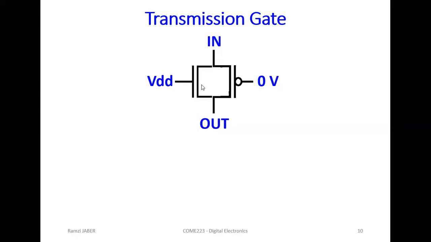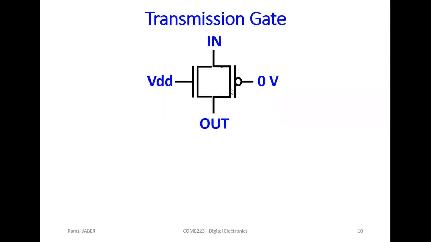If we put them together like this, N channel facing the P channel with the same drain and same source, input and output, we combine the strong signal with the weak signal.